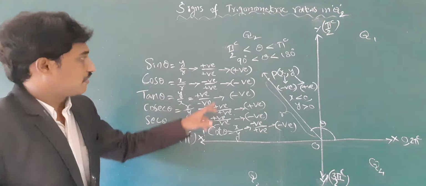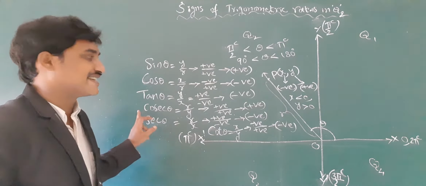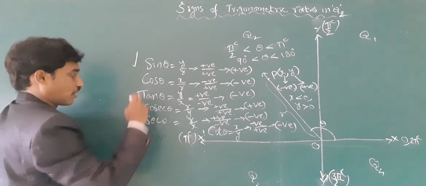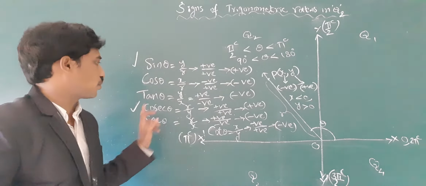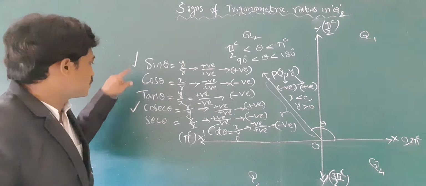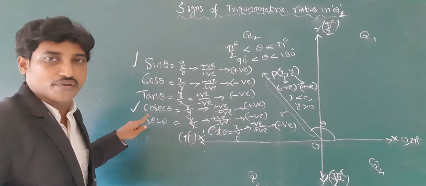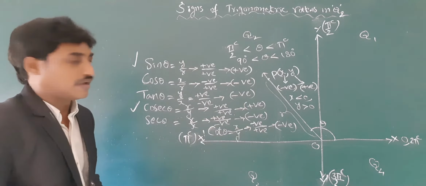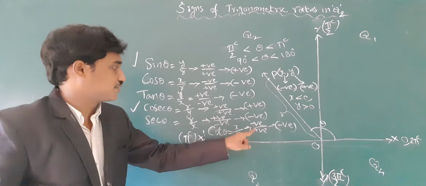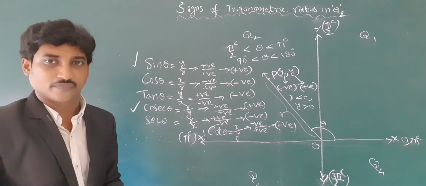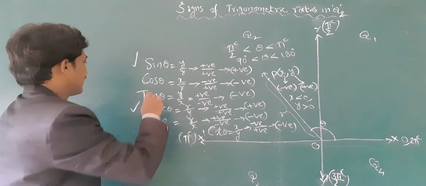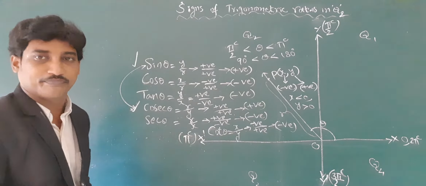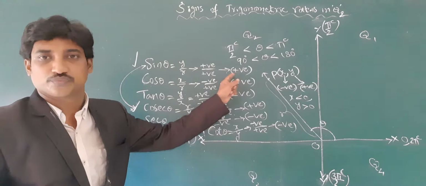We got sin theta positive and its reciprocal cosecant theta positive. These two trigonometric ratios only have positive signs. The remaining trigonometric ratios have a negative sign. In the second quadrant, sin theta and its reciprocal cosecant theta give positive values.